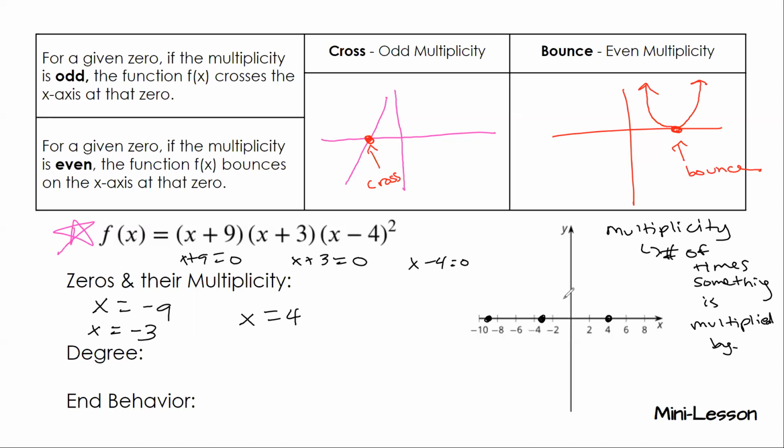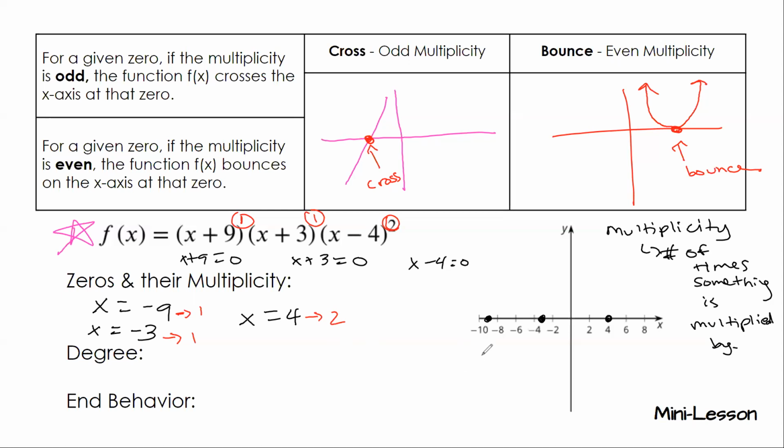So with that being said, what is the exponent of this x plus 9? 1. So that has a multiplicity of 1. What is the exponent of this x plus 3? 1. So that has a multiplicity of 1. What is the exponent of this x minus 4? 2. So that's going to have a multiplicity of 2.